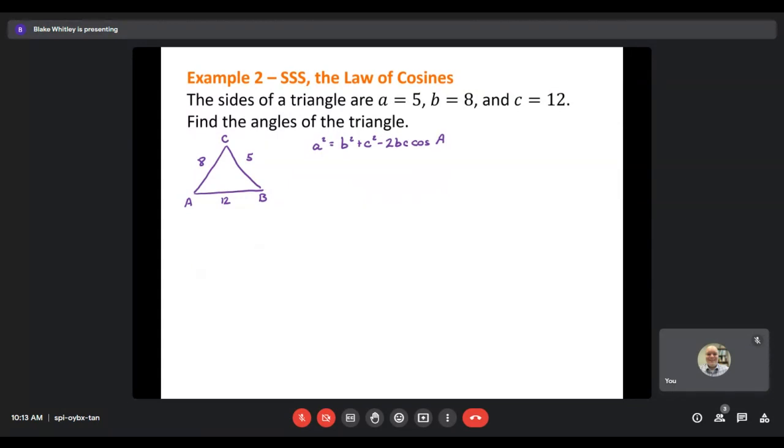So side A is 5, so that gives us 5 squared. Side B is 8 squared. Side C is 12, so we square that, minus 2 times B times C, and then the cosine of angle A, because we don't know angle A yet.